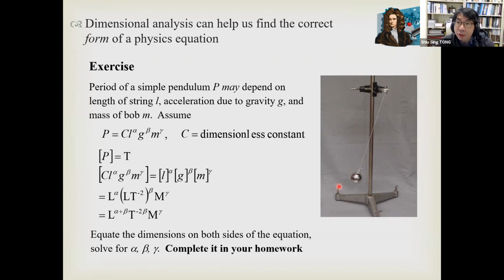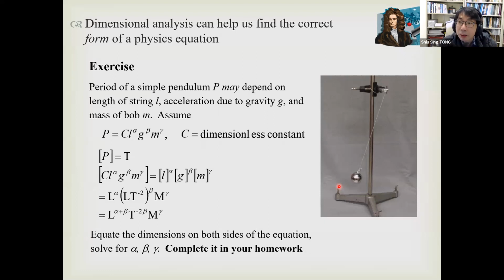So we expect that the period of the oscillation, the time required for the bob to oscillate 1 period, should be dependent on the acceleration due to gravity, because it's affected by the gravity of Earth.